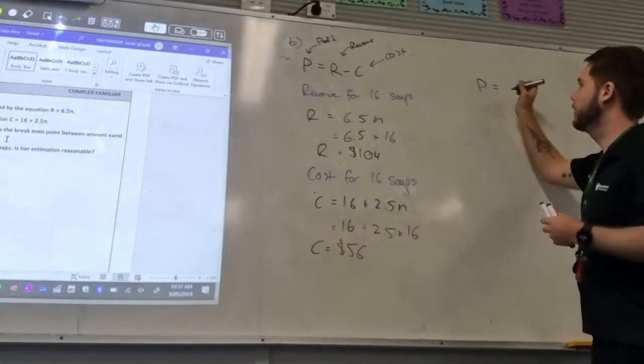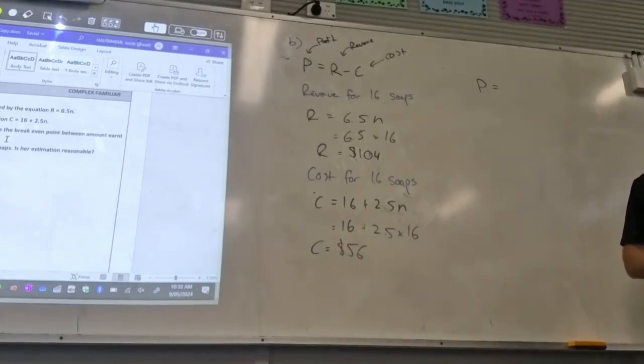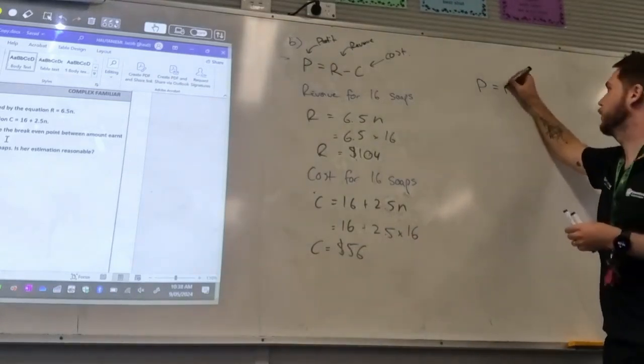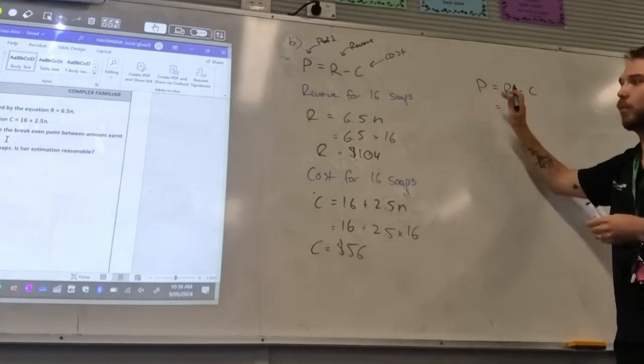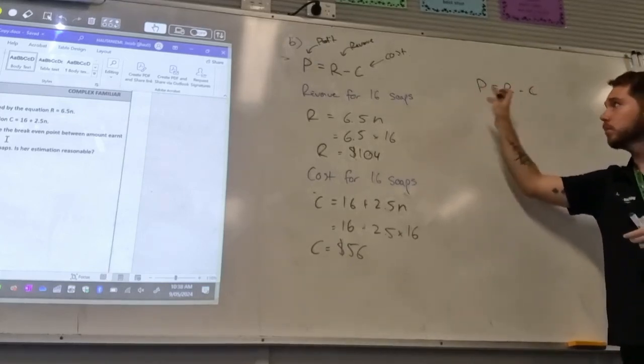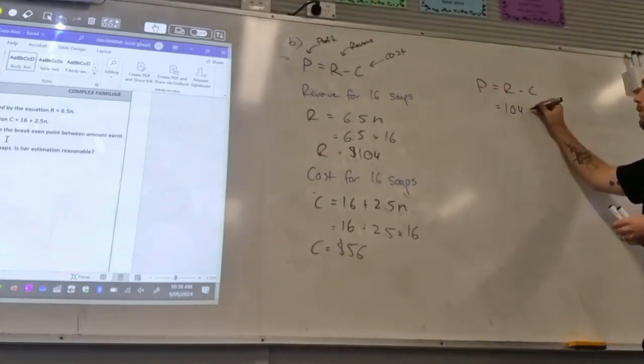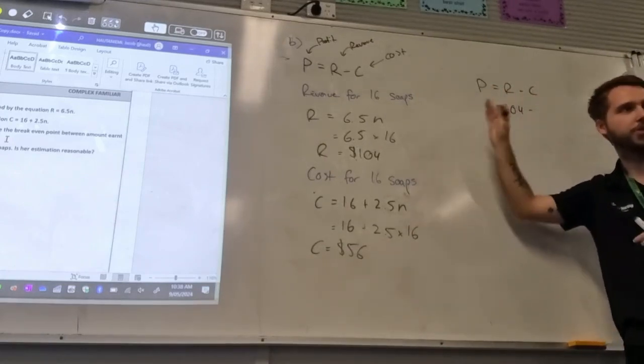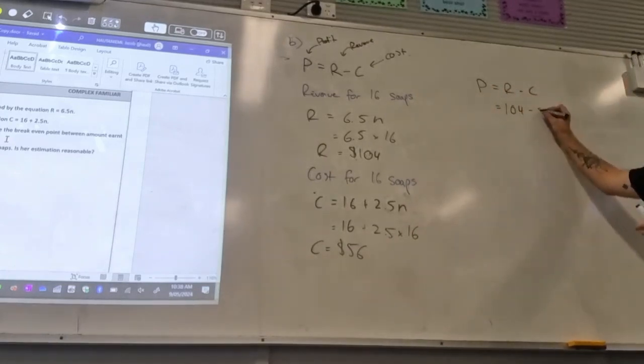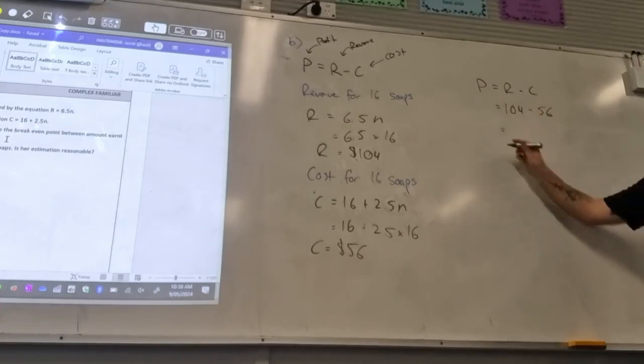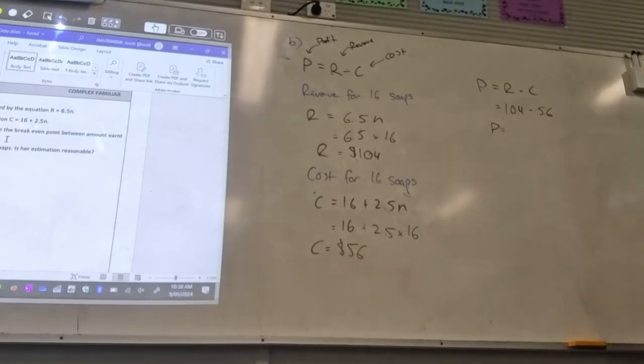So profit, how do we find it again? Revenue minus cost. Our revenue is 104, minus the cost, which was $56. So how much profit did she make? 104 minus 56.